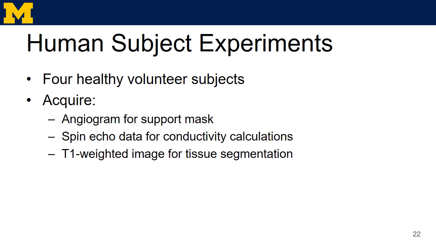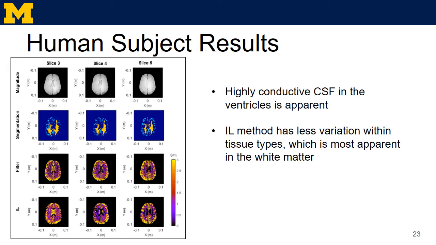Finally, we calculated the conductivity for 4 healthy volunteer subjects. For each subject, we acquired an angiogram to use in the support mask calculation, spin echo data to get the transmit phase for our conductivity calculations, and a T1 weighted image so that we could do some tissue segmentation for further analysis. Here we have the results from a representative human subject.